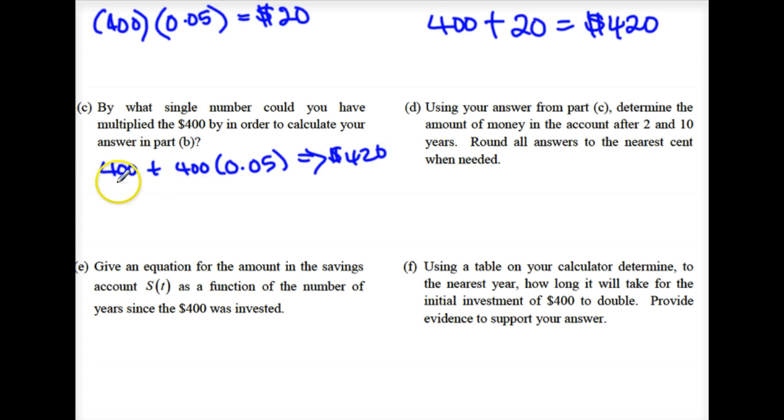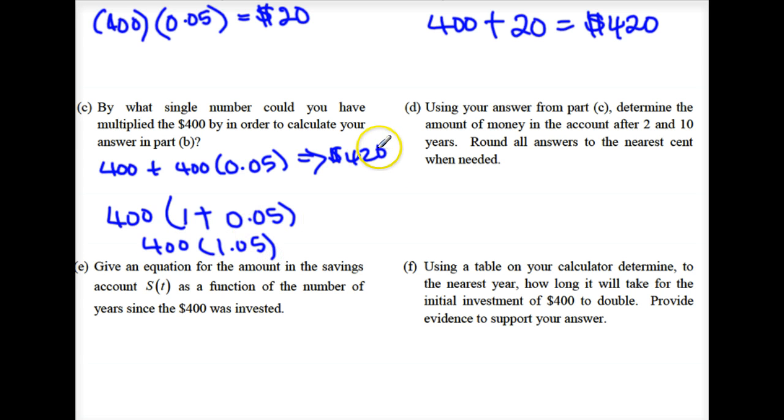So I want to think, this 400 is a whole. Now what I can do with these two, I can take the 400 out. What is left over? 400, this is a whole, plus the 0.05. And then this will actually give me 400 times 1.05.